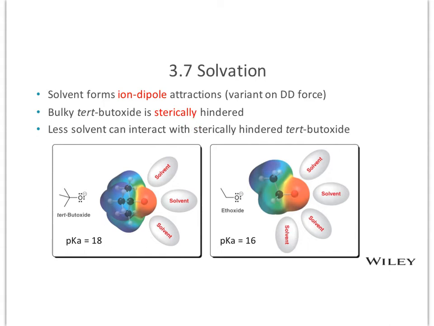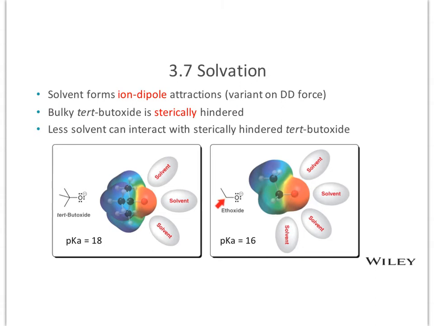Tertiary butoxide has the anionic oxygen, and on the neighboring carbon there are 1, 2, 3 carbons attached to the carbon that has the oxygen on it. Meanwhile, ethoxide has its anionic oxygen attached to a carbon to which there is only one other carbon. Of course, we have 2 hydrogens off of that carbon.